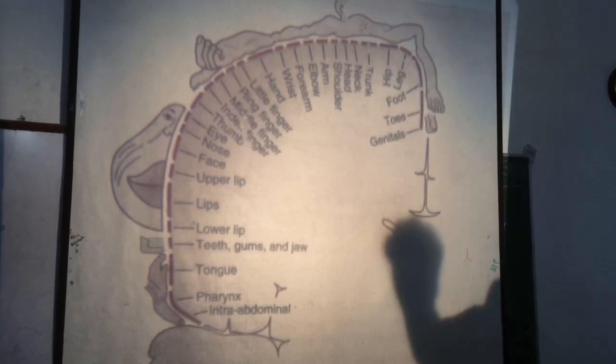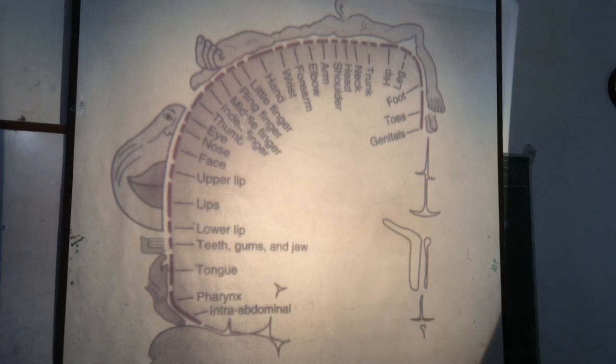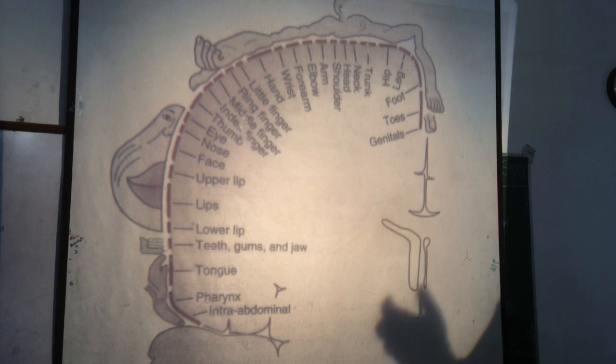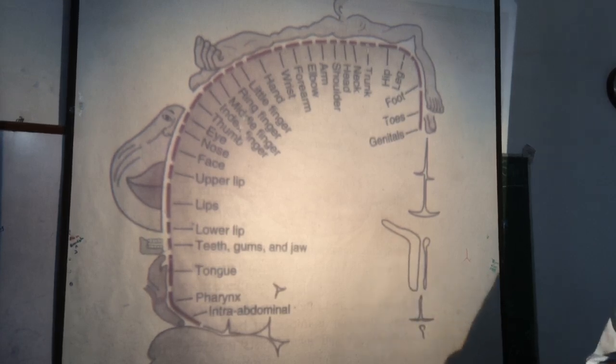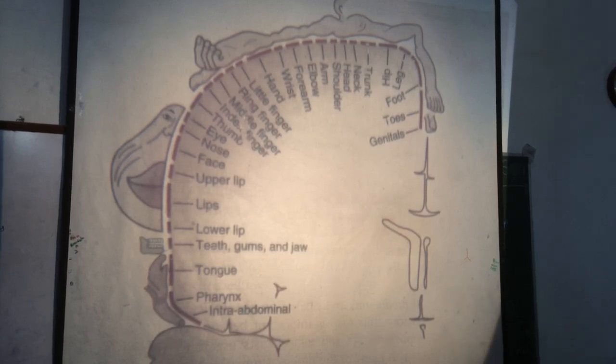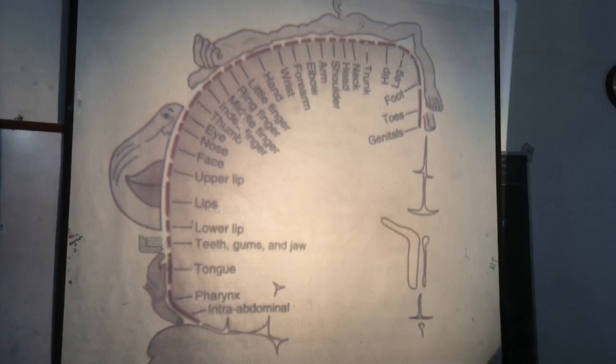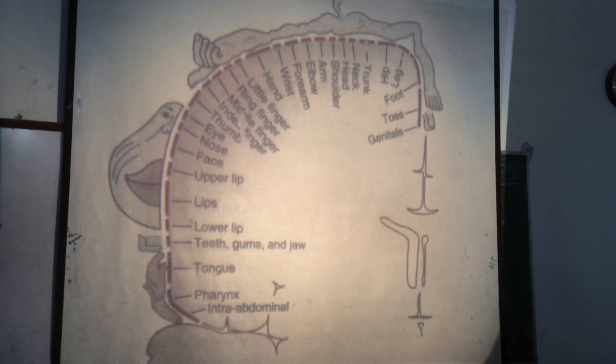Then the corticobulbar tract from the motor area to the motor nuclei of cranial nerves, and then corticothalamic fibers to the thalamus.